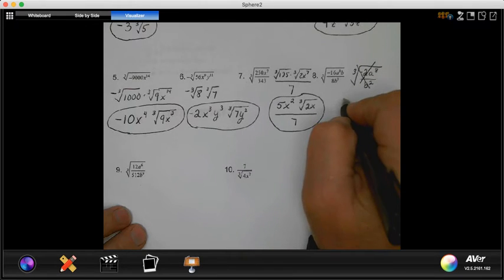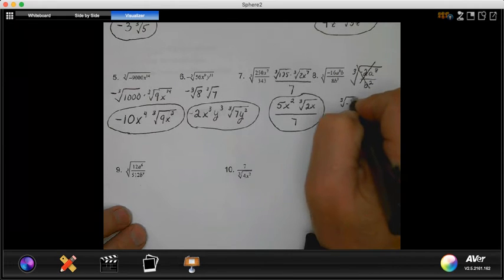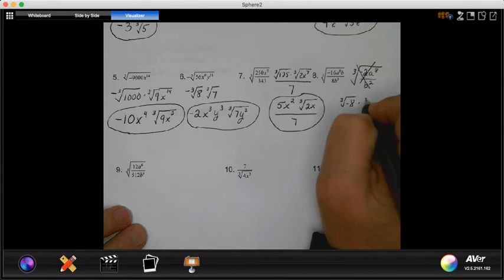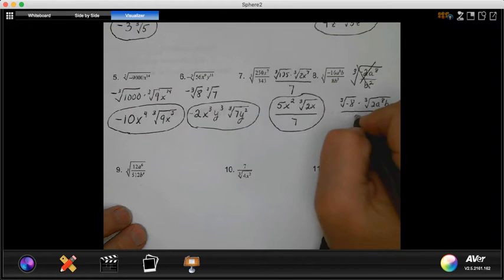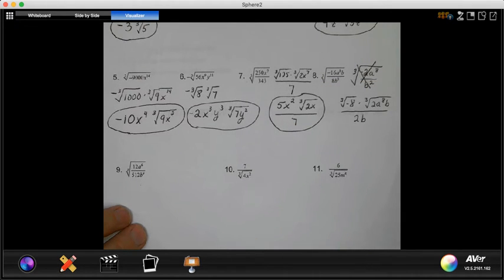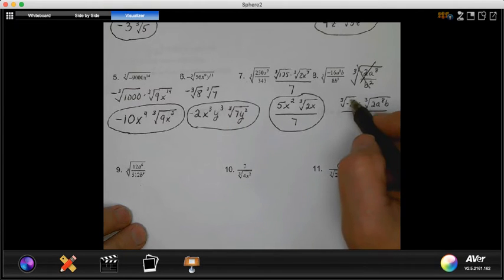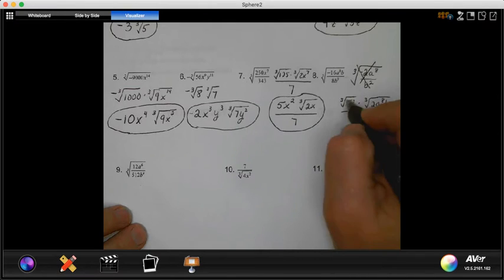So we'll break apart the numerator as the cube root of negative 8 times the cube root of 2a to the 8th b. And then in the denominator, cube root of 8 is 2, and the cube root of b cubed is b. So maybe that's a little bit more simple. Okay? Then I can cancel this, right? The cube root of negative 8 is negative 2, so 2's cancel.